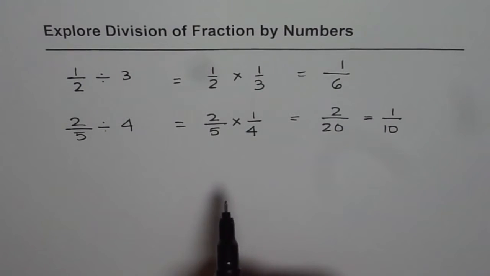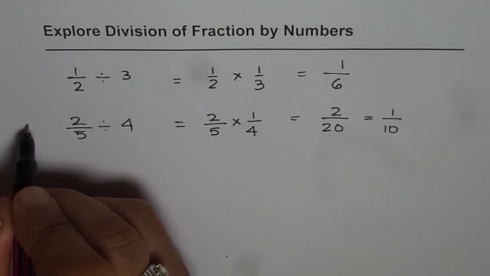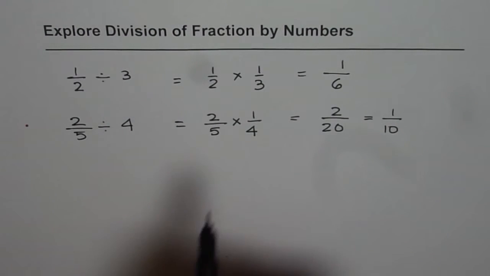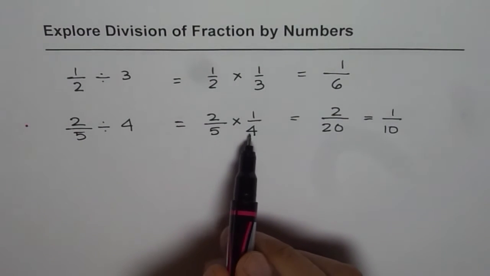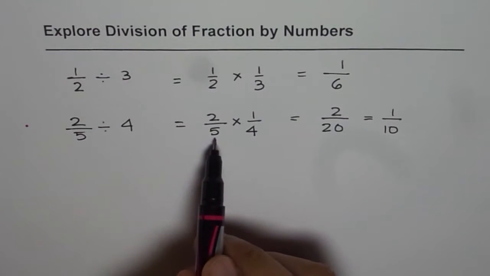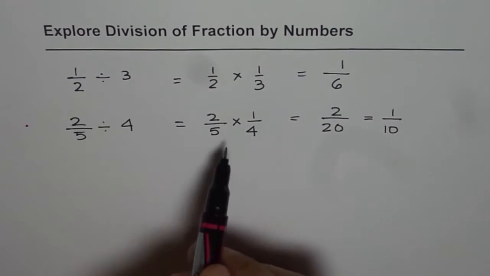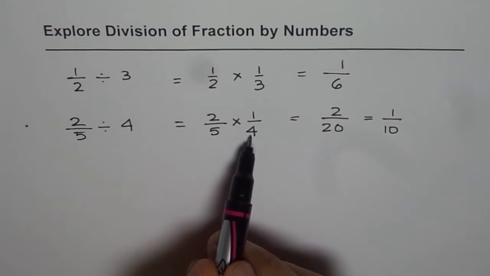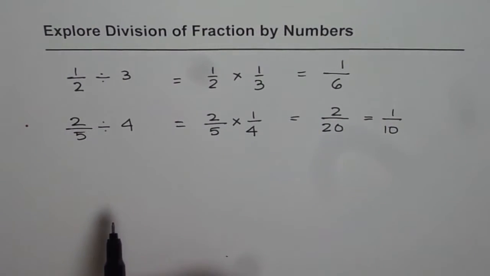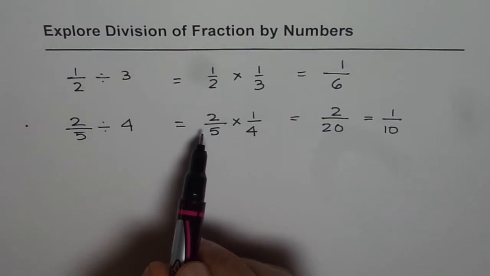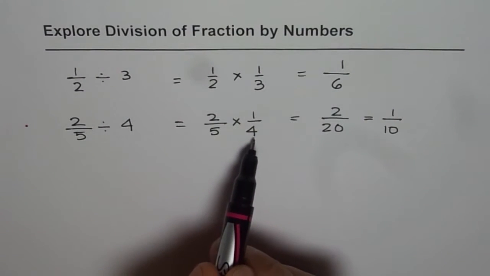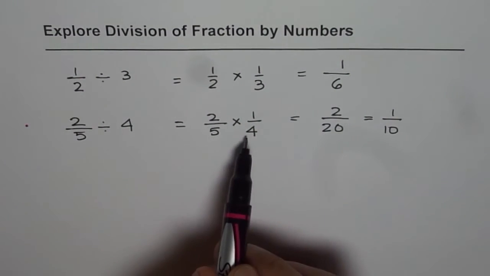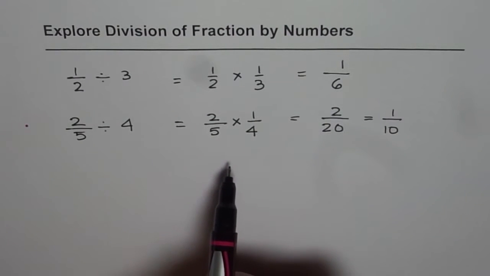Here is an alternate way of doing it. Instead of multiplying straight away, we can first simplify our fraction. At this stage, we see in numerator we have 2, denominator we have 4, both have a common factor of 2. So I can divide numerator by 2 and denominator also by 2, giving us the equivalent fraction.